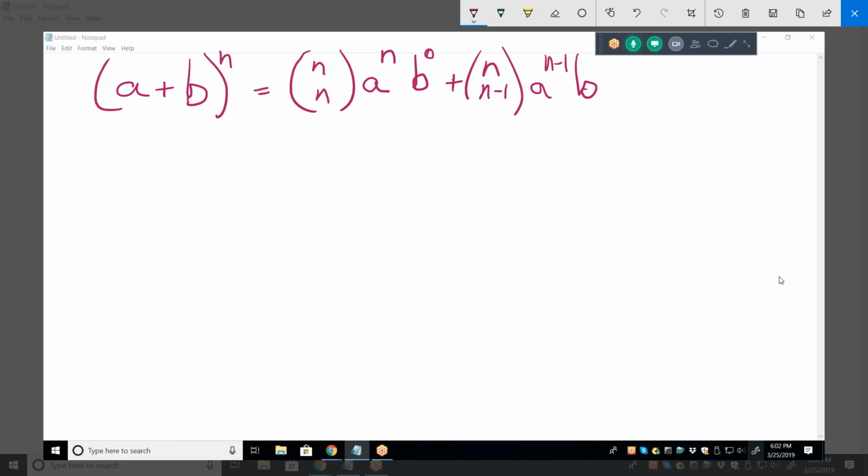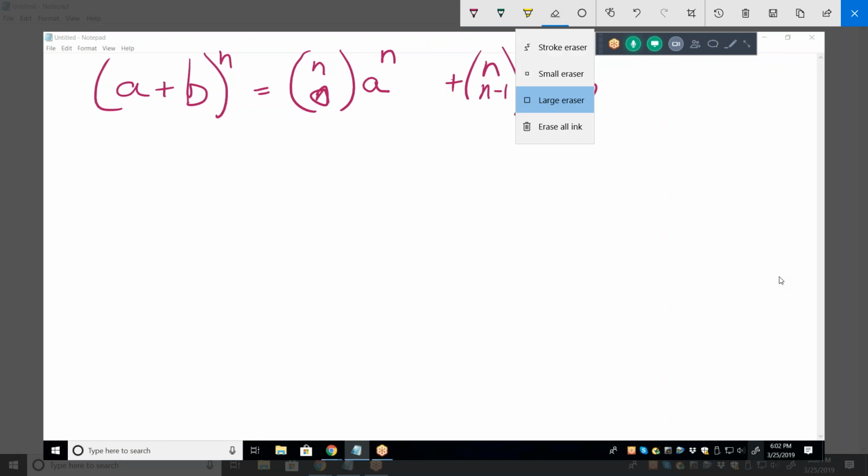Everything begins with this, so 681 in my book. Alright, here we go. I was wrong already right here. That's a 0. And then it's a to the n. There's no b term in the first term. Actually there is, it's b to the 0. They just don't write it.